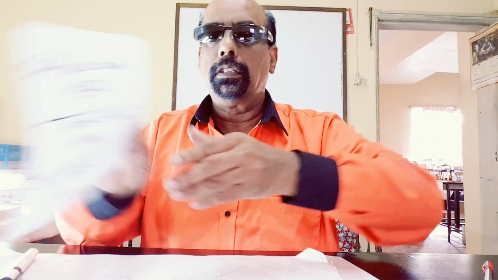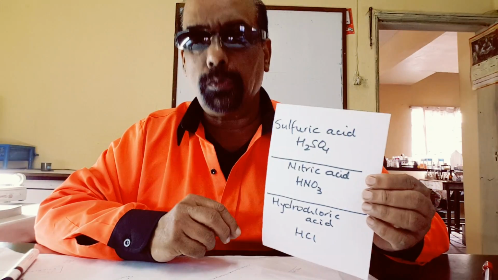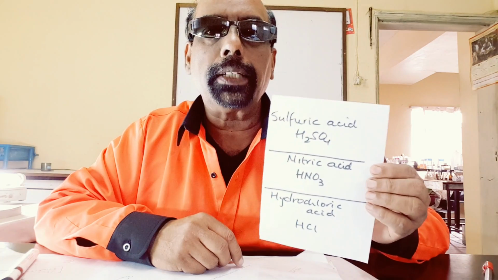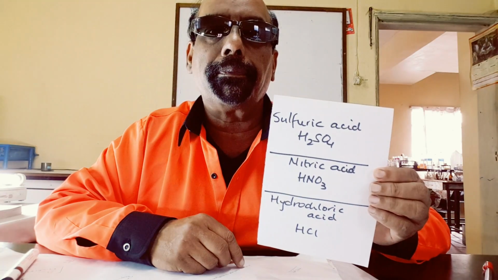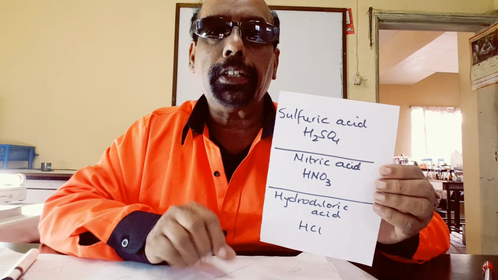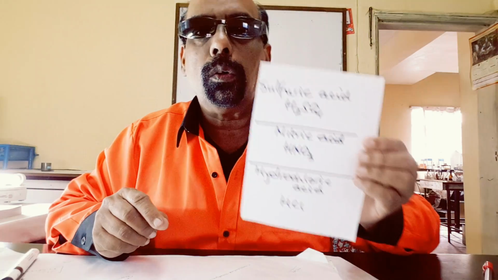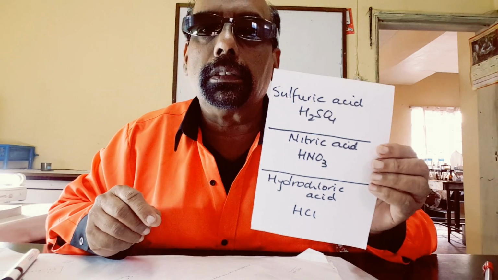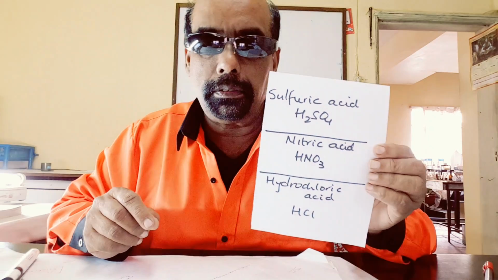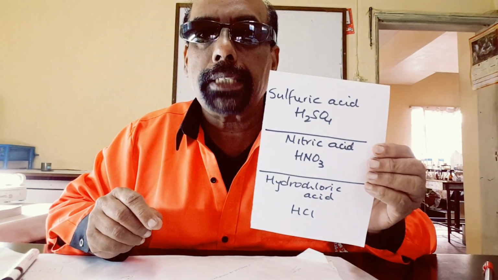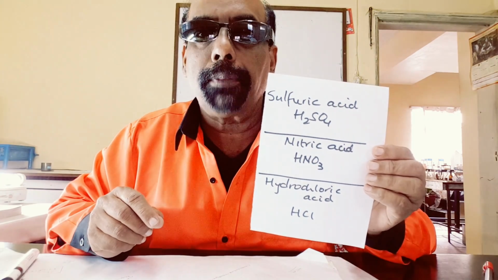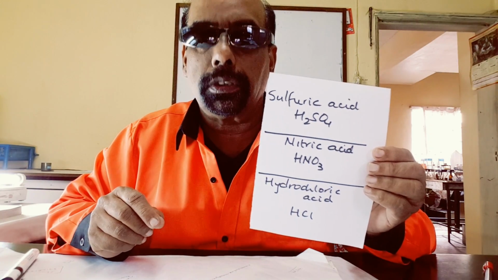There are many acids. Some examples are sulfuric acid, H2SO4, nitric acid, HNO3, hydrochloric acid, HCl. All these acids contain hydrogen. Not only hydrogen, they contain H plus ions when present in aqueous solution.